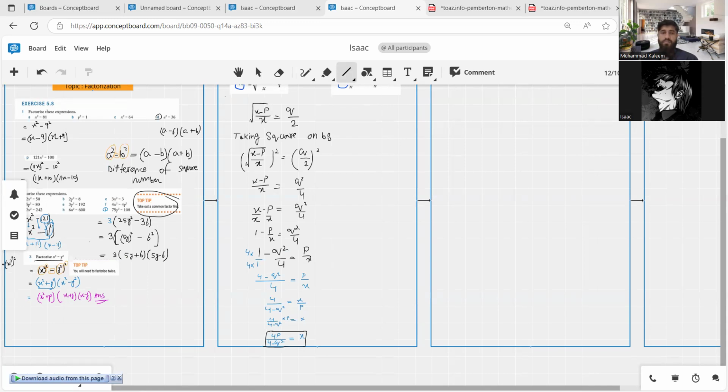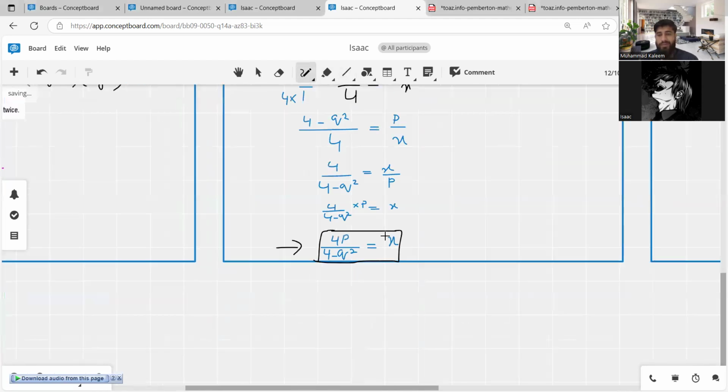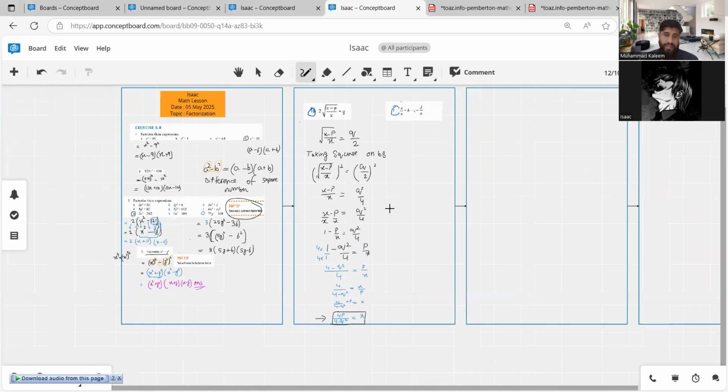Is the final answer x equals 4p over 4 minus q to the power 2? Are you getting this one? Yeah, just my x is on the other side. It's okay, that's the same thing. So that's the right answer.